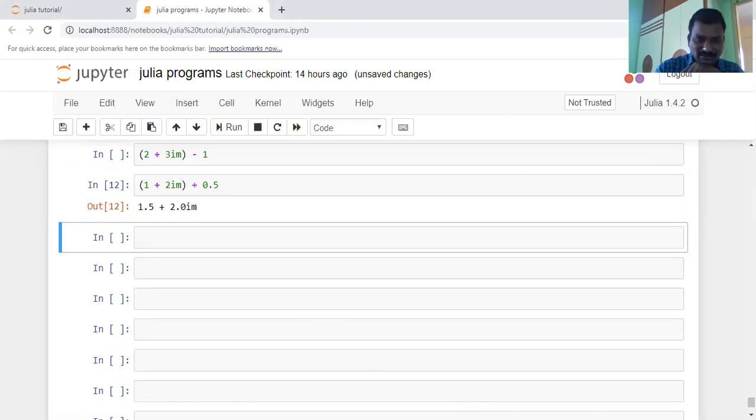That means you will be performing the complex multiplication, complex addition, complex with integer addition, complex with real number addition. Like that you will perform the different operations.